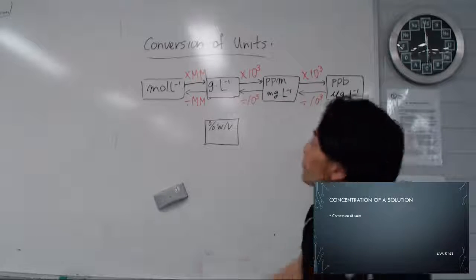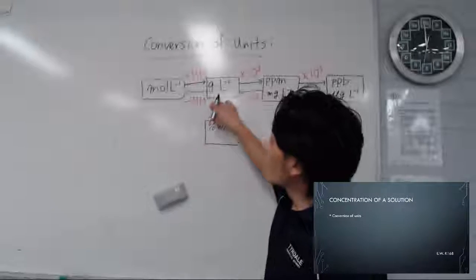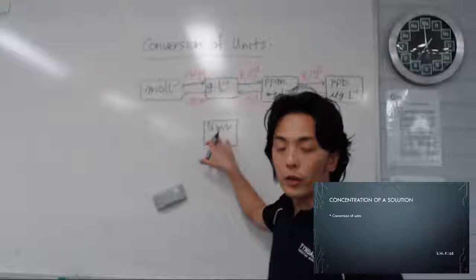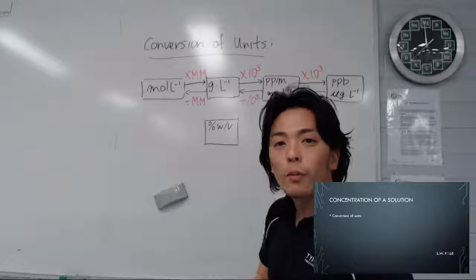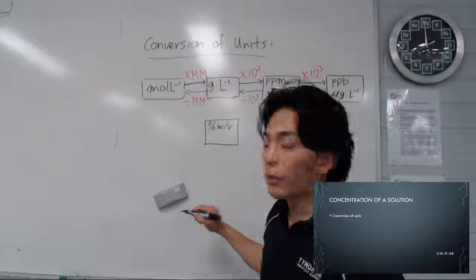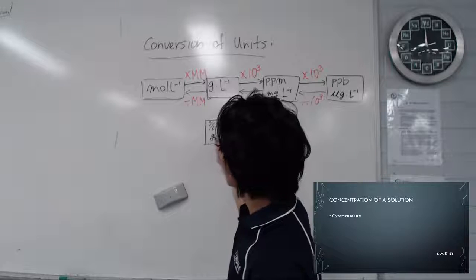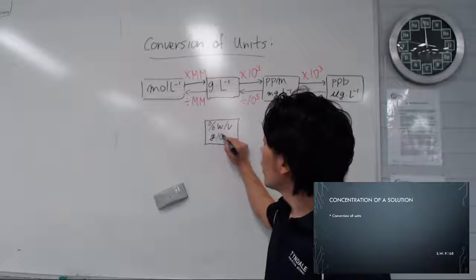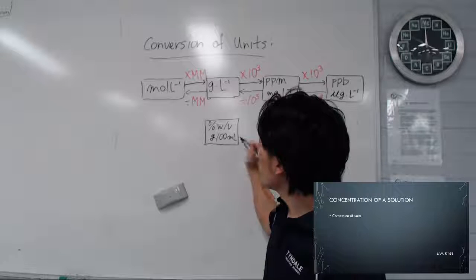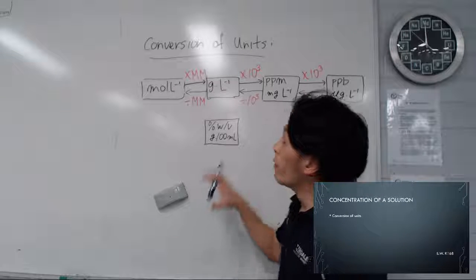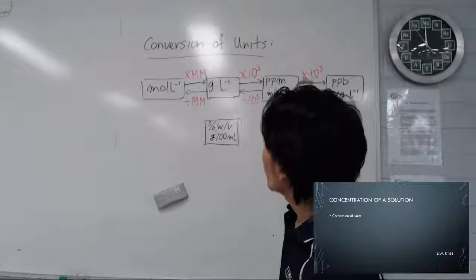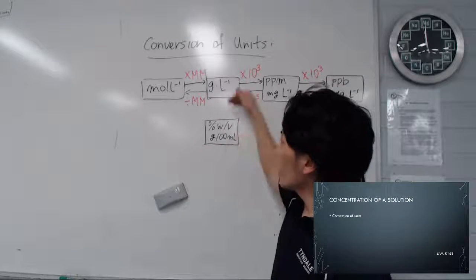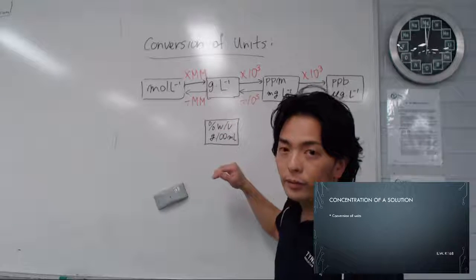Now, finally, when you have grams per liter and want to convert that to percent weight per volume, if you remember, the unit for percent weight per volume is gram of solute over 100 milliliters of solution. So from gram per liter to 100, there's a difference of 10.